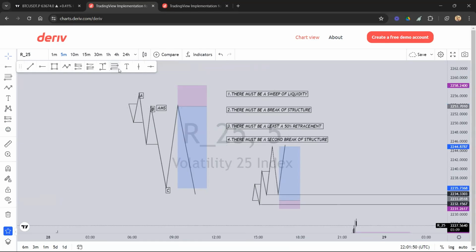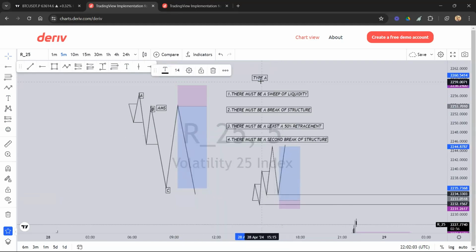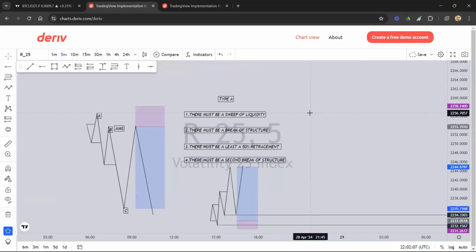Now these rules are for the type A. So we have type A AMS. What is the full meaning of AMS? Advanced market structure. Remember I said we have two types of market structure: basic market structure, that's the BMS, and the AMS, the advanced market structure.